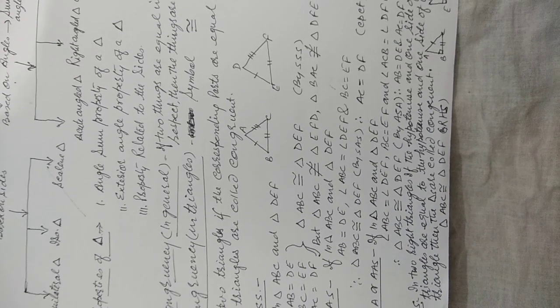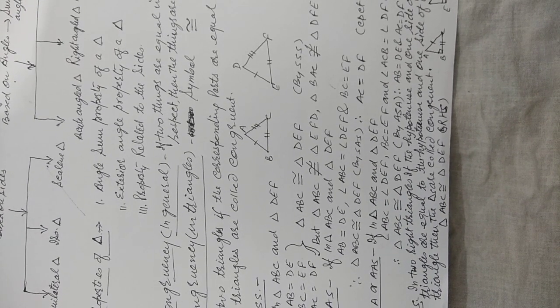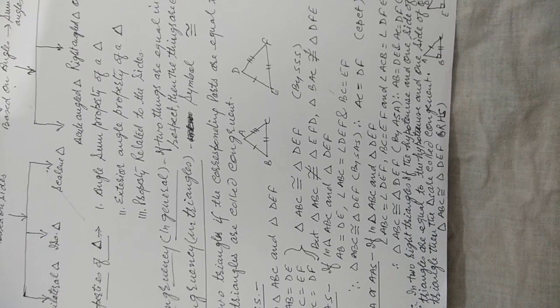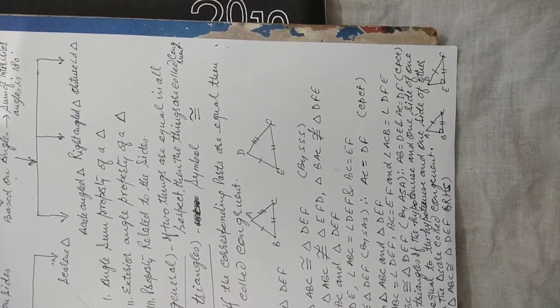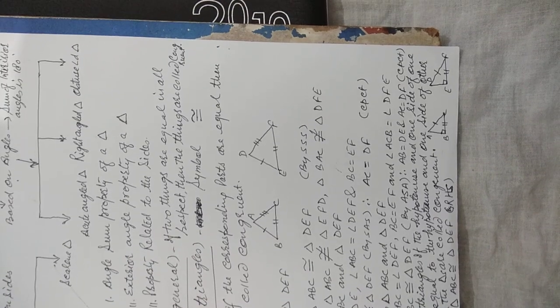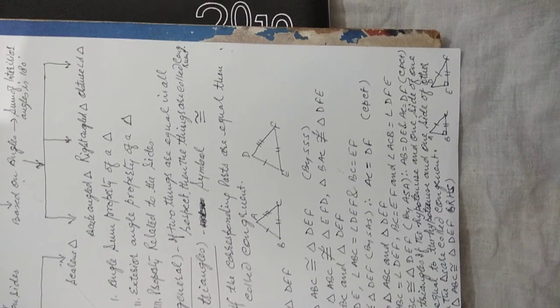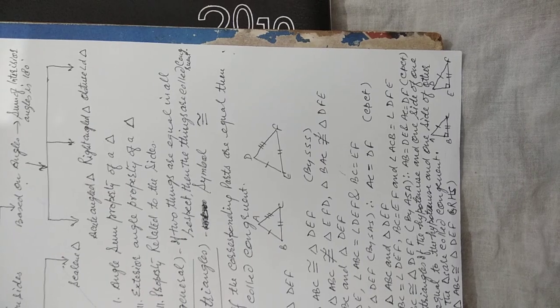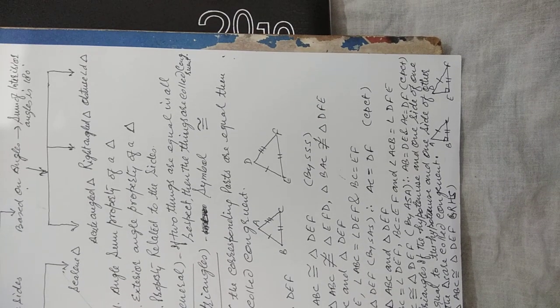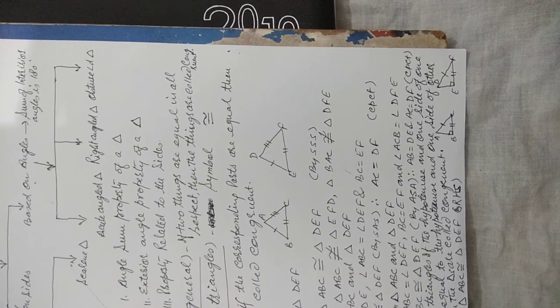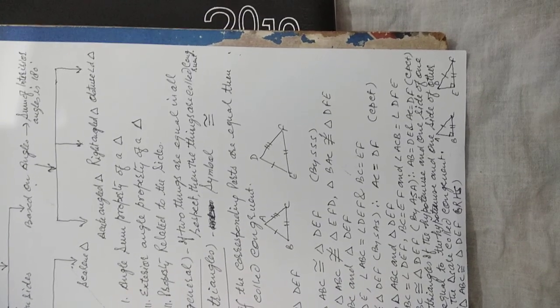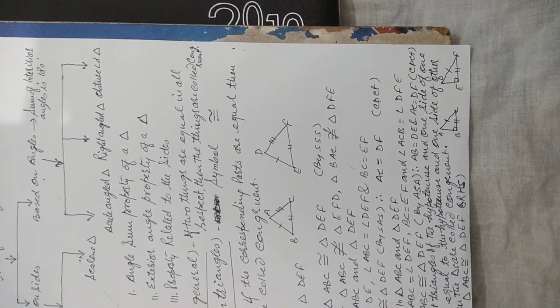In the same way, we can say triangle ABC is congruent to triangle DEF, and the criteria is known as RHS. Here in these two triangles, if we have given angle ABC is equal to angle DEF, equal to 90 degrees, and if hypotenuse AC is equal to DF and BC is given equal to EF, therefore triangle ABC is said to be congruent to the triangle DEF by RHS.